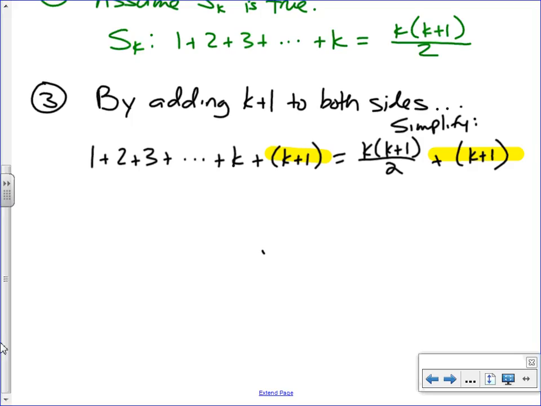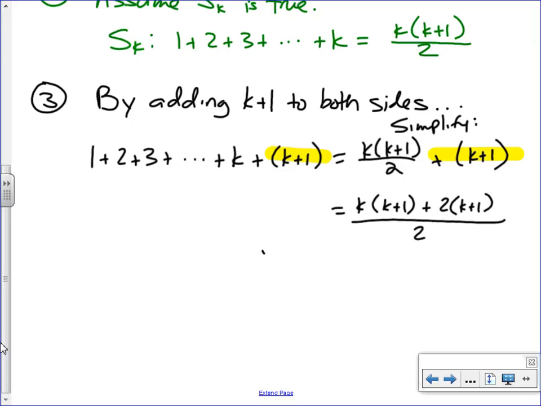So you just simplify this side. Common denominator is 2. So it goes k times k plus 1 plus 2 times k plus 1, all over 2, because you just need to multiply top and bottom by that.